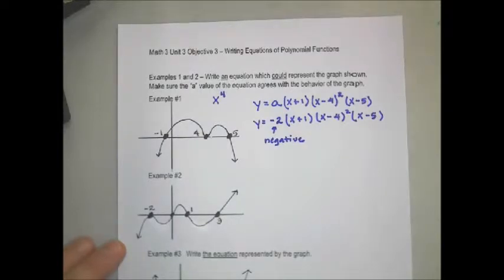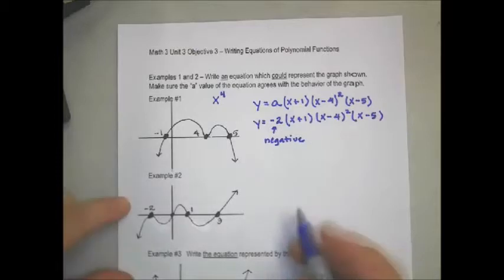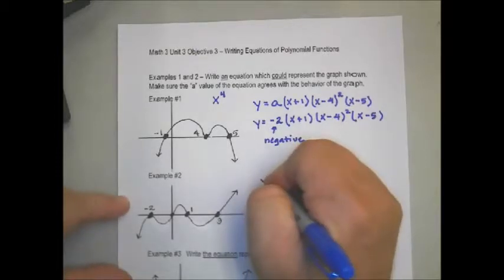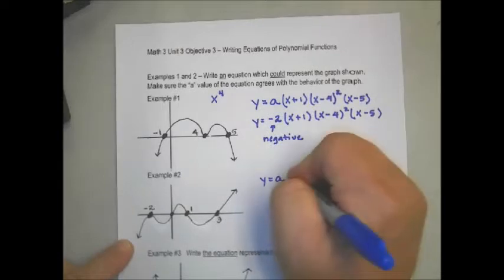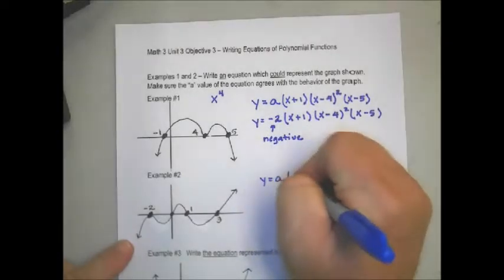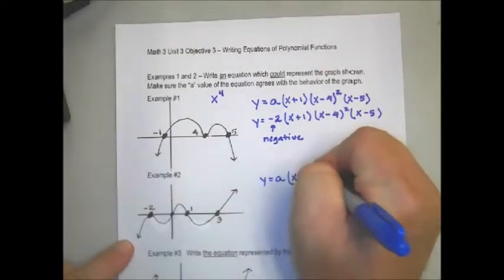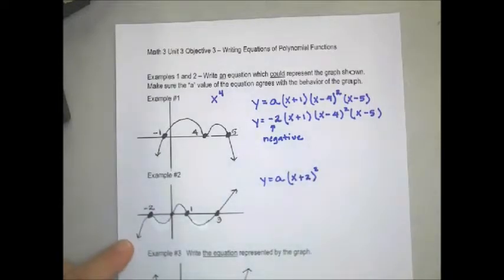Let's do one more. Example number 2. We're going to go y equals a. Now, -2 is an x-intercept or a 0, and it bounces. So that means the factor had to have been x plus 2, and it had to have been squared. Now, here's another x-intercept at 0.